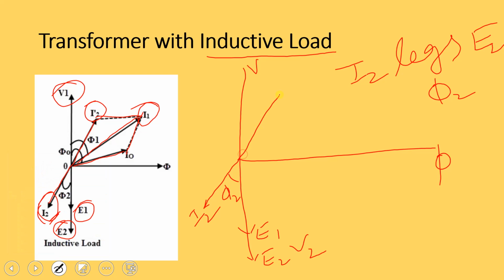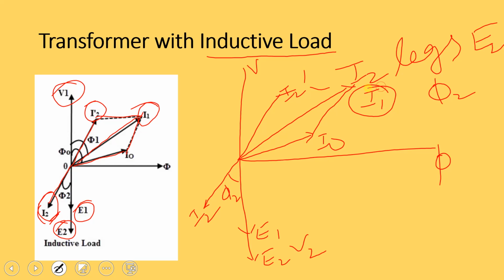I redraw this. This is I2 dash, this is our no load current, complete the parallelogram, and this resultant is our I1 dash. So this is how we draw the phasor diagram for the inductive load.